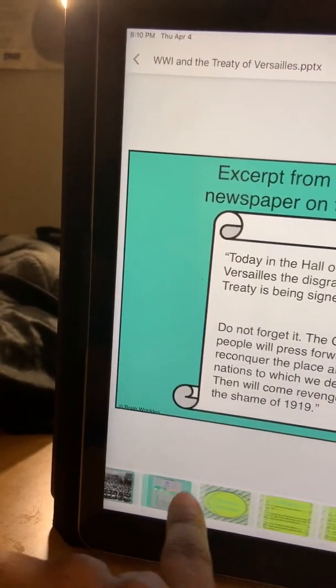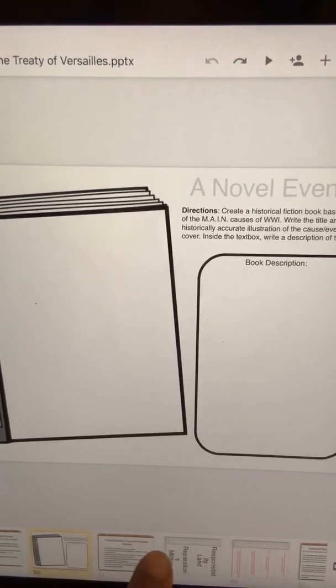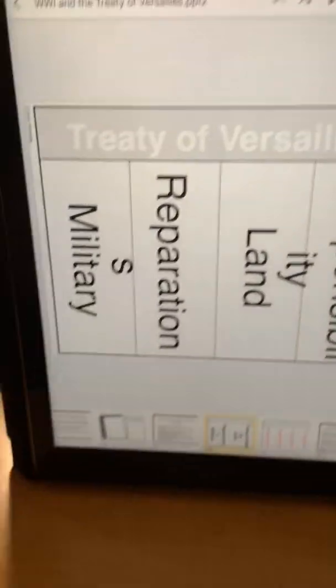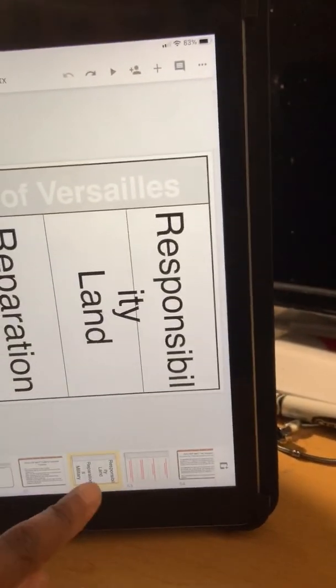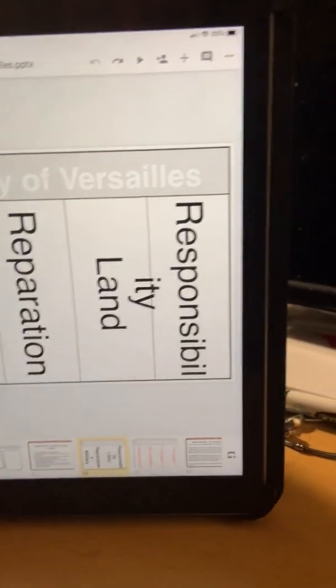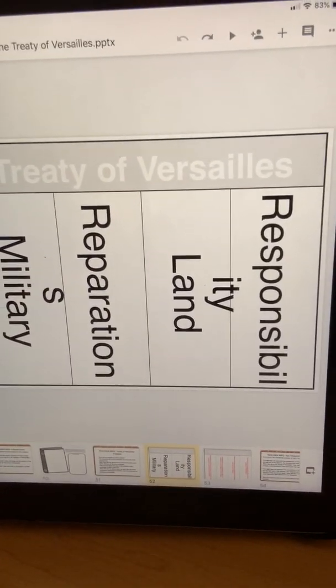So that is that. This PowerPoint also includes the novel event, which I have already stated and talked about. In my lesson, I also included a Treaty of Versailles foldable, which talks about the 4 things included in the Treaty of Versailles.